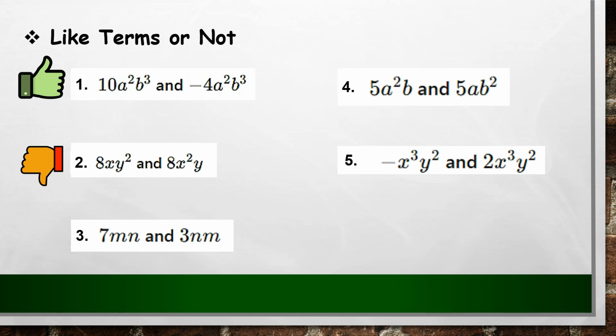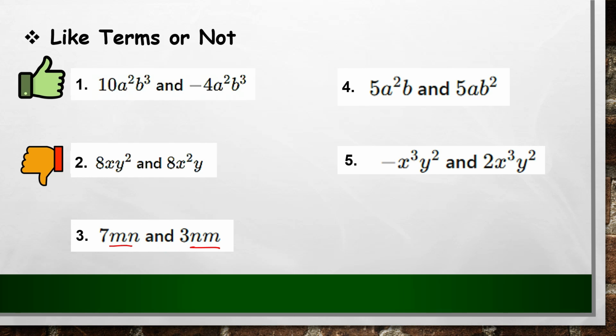How about number 3? Alright, yep, that is correct. They're also like terms. Although the positions of m and n are different, that's also a possibility. The positions may be different, but the variables are the same, and the exponents of those variables are also the same.